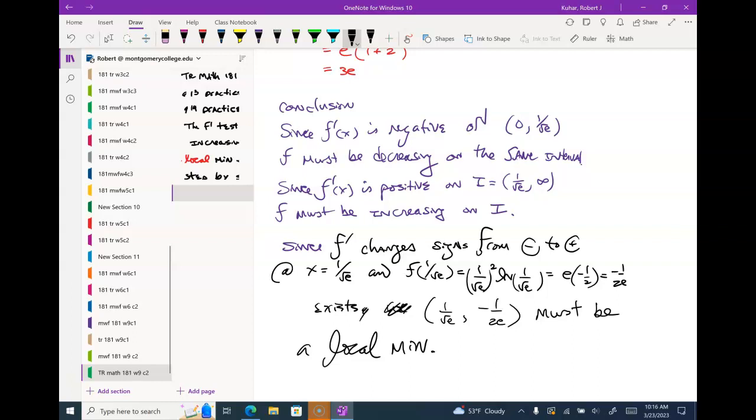Bang. Done. If there's no interval where the function's decreasing, then you don't have to mention it. If there's no local max, you don't have to mention it, right? Does that make sense? Everything that you find, mention in the conclusion.